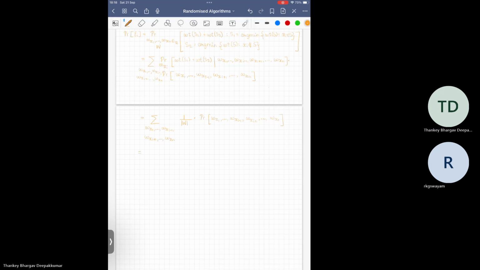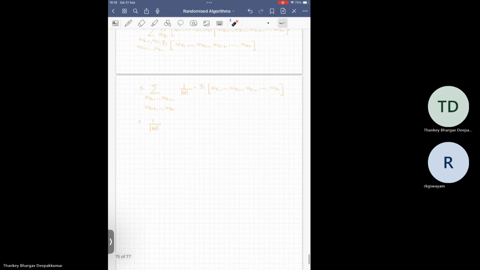So this sum is just 1. Over here, we use the same idea that we used to prove the special version of Schwartz-Zippel, but for just degree 1 polynomials, right? Yes, this is similar to that, for polynomials of degree one.